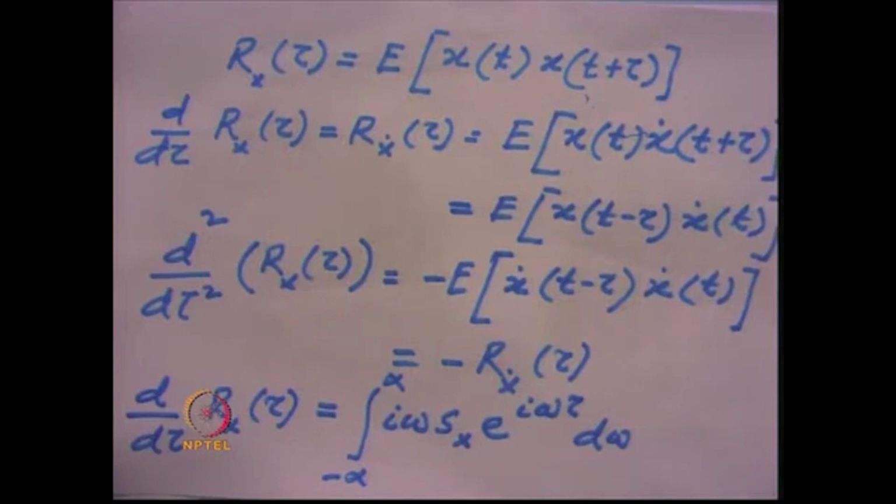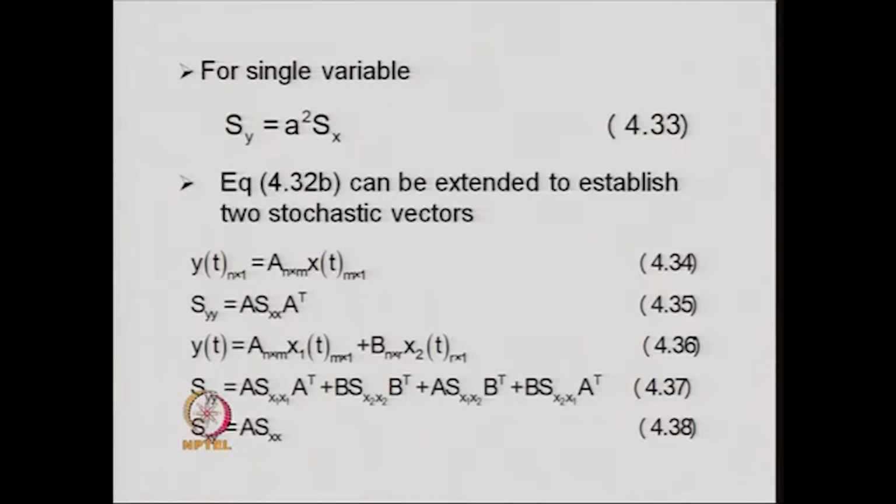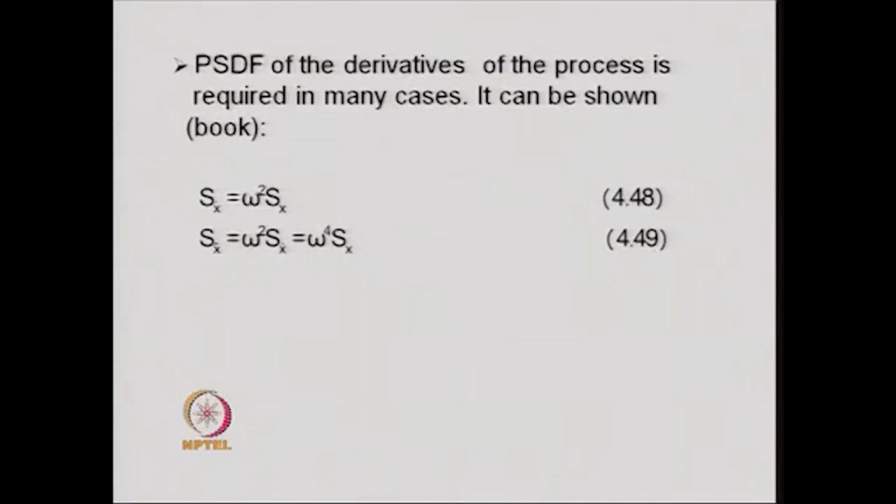So, if we know the basic relationship between the input vector and output vector, then we can find out the cross power spectral density function matrix from the relationship given by equation 4.38.